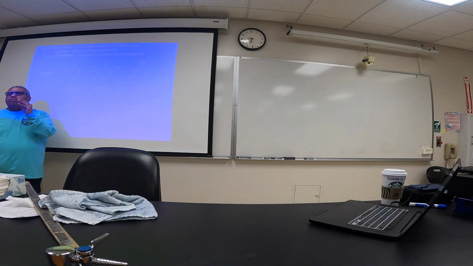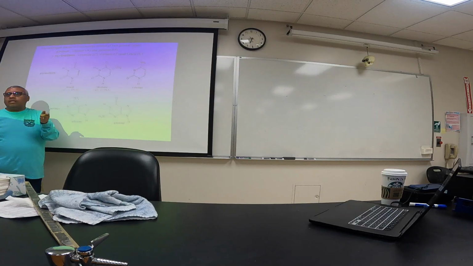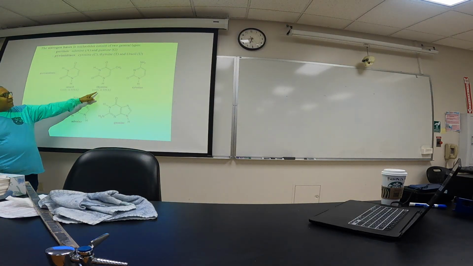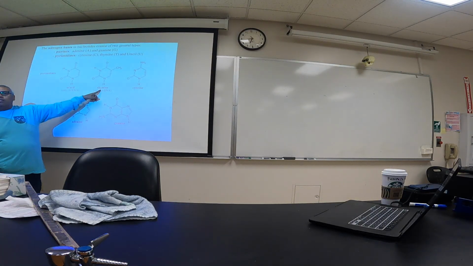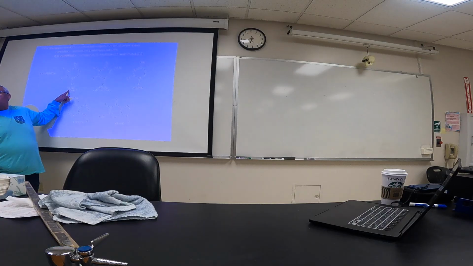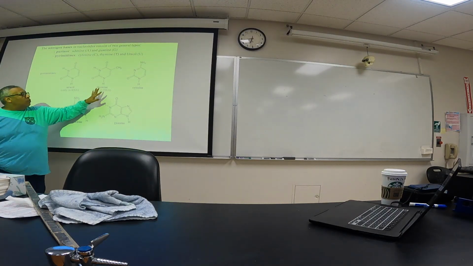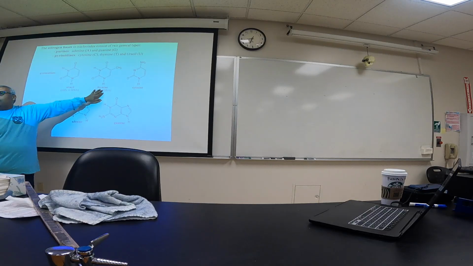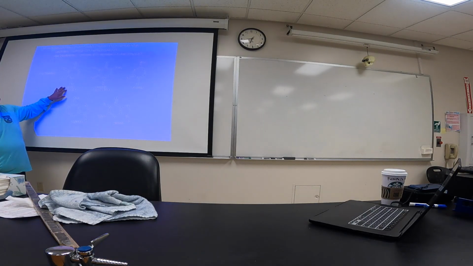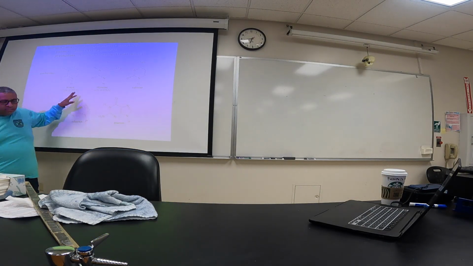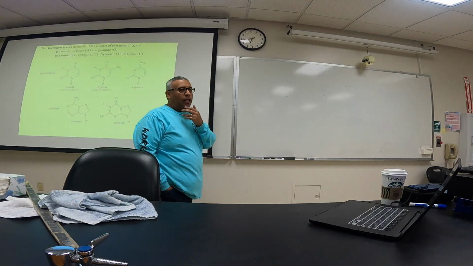And those are the only bases in the nucleotides for DNA. Thymine is not found in RNA, and uracil is not found in DNA. So these two are specific. Thymine is specific to DNA, and uracil specific to RNA.